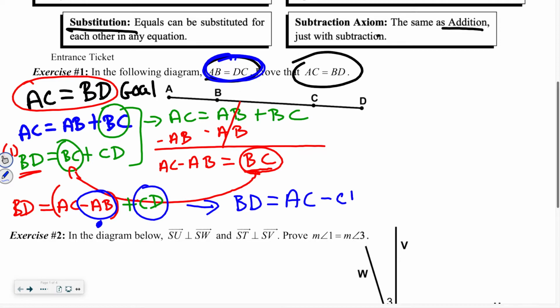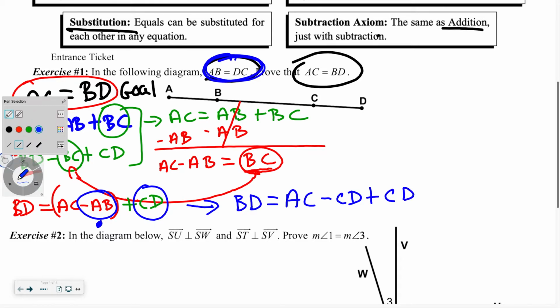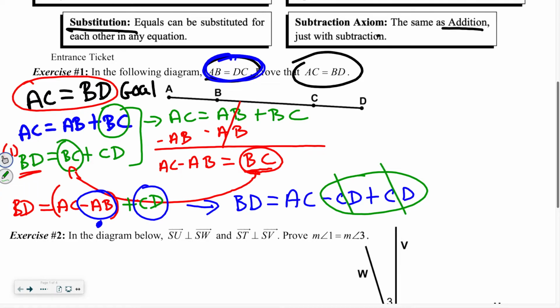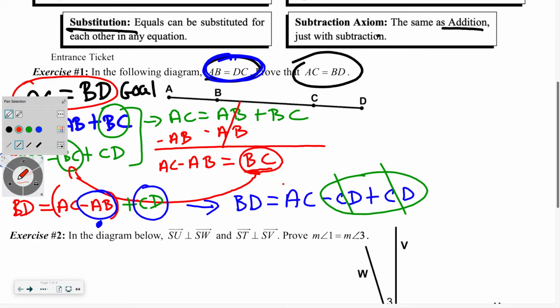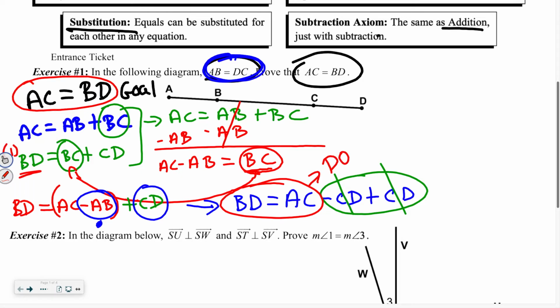So I'm just going to say CD here plus the same CD. And there it is. And what happens now? These two terms go away. These two go away and I end up with my answer. This is what I wanted to prove. There it is. BD equals AC. Done.